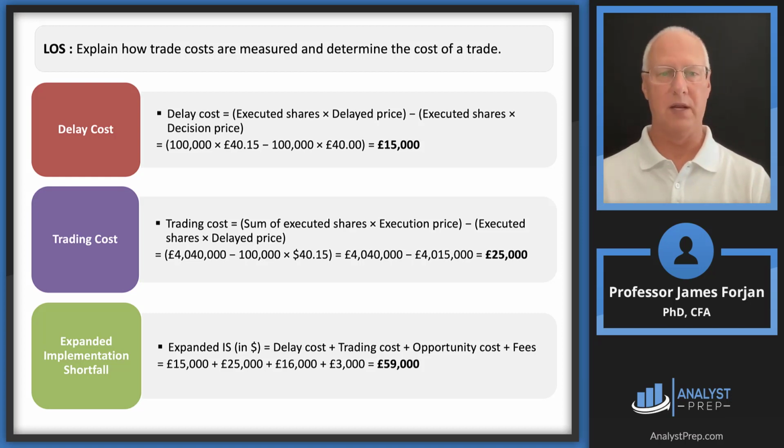The trading cost then is we're going to sum all of those executed shares times the executed price. So there we get, what is that, 25,000 pounds. And then we can use the 15 and the 25, combine that with the 16 of opportunity and the 3 of the explicit fees, and you get 59.